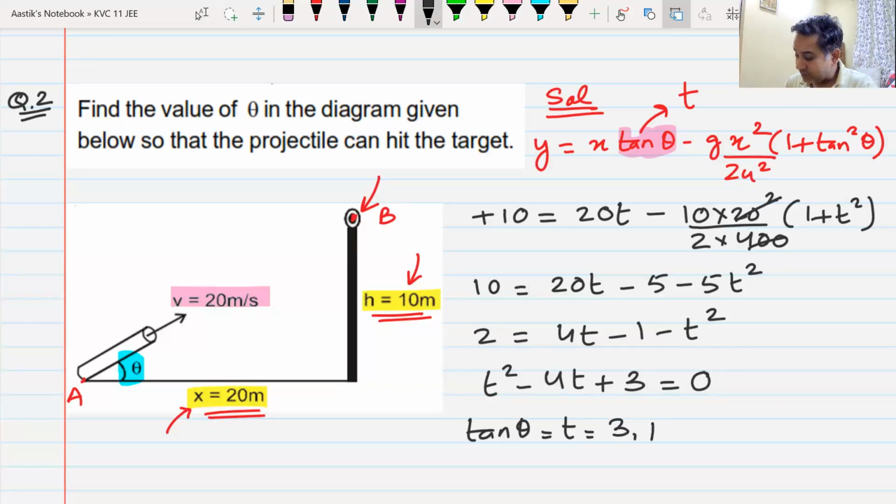That means there are two angles possible. Theta will be tan inverse of 1, which is 45 degrees, or theta will be tan inverse of 3. So these are the two angles.